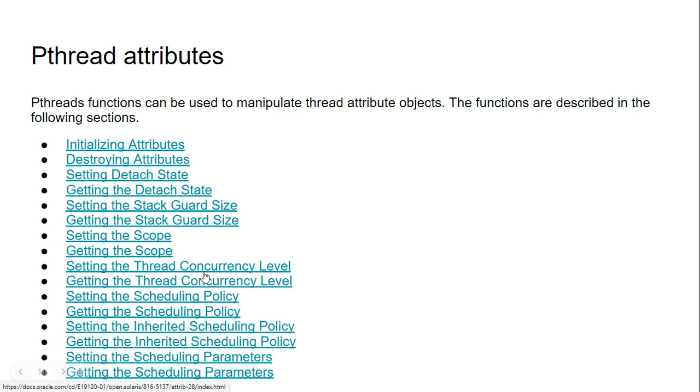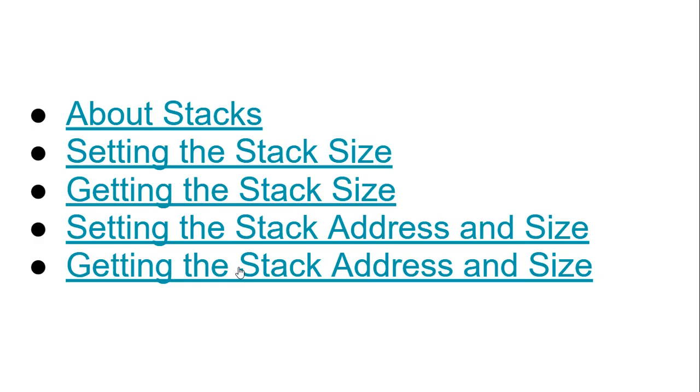Here is an example, like stack size. The OS has a default stack size. If you want to change the stack size, you can use the attributes function to change it, and you can pass these attributes to the thread while creating the threads.